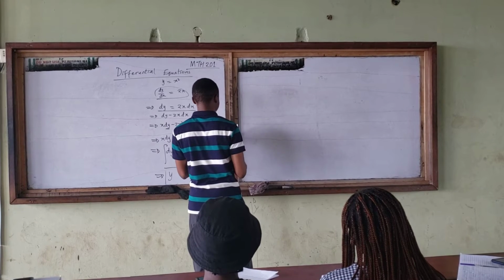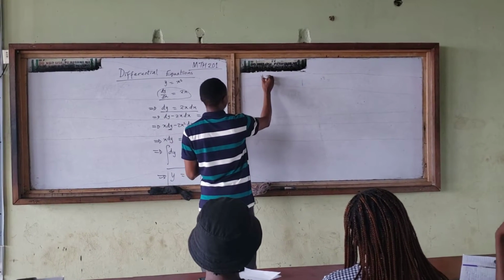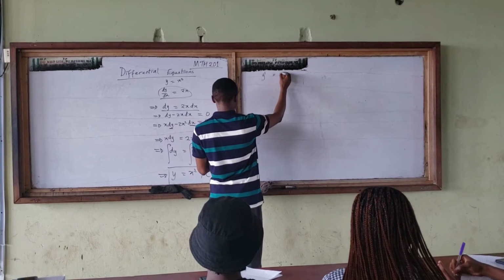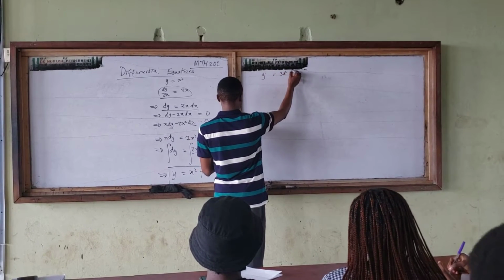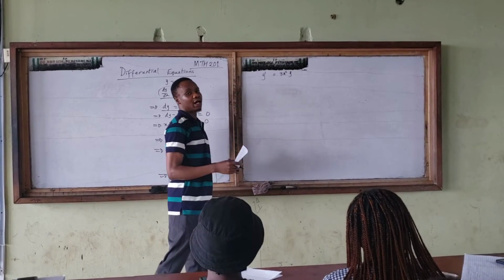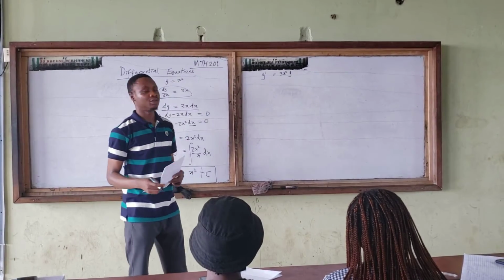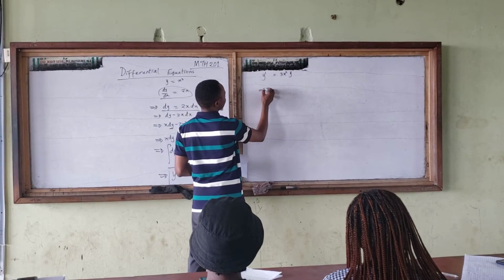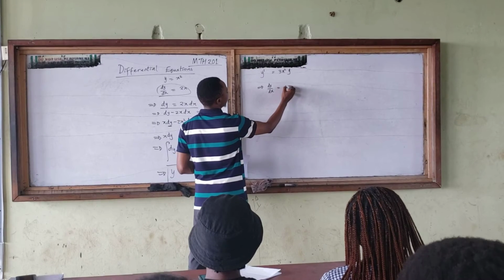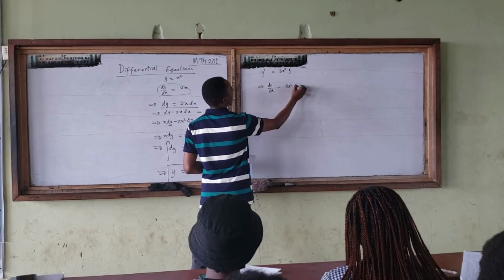Look at the first one. You are given y prime is equal to 3x squared y. So are the variables separable? Yes, sir. So you can say that this is dy dx equal to 3x squared y.